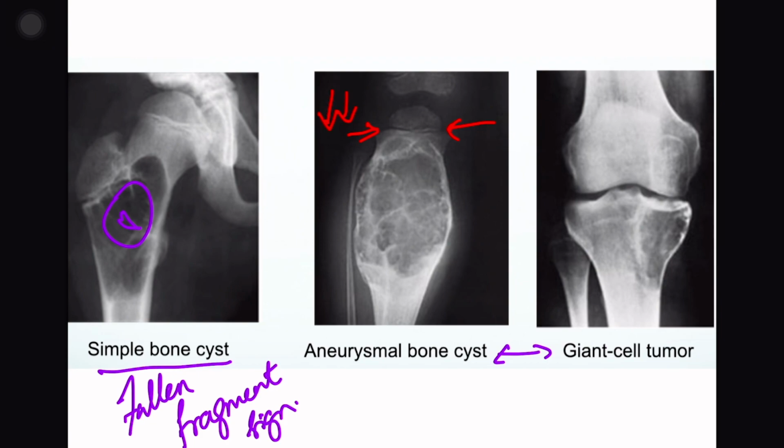But in giant cell tumor, the physis will be closed already, and since it happens below the physis, this is the metaphyseal region. Aneurysmal bone cyst happens only in the metaphyseal region, whereas GCT happens in the epiphyseo-metaphyseal junction. Other than this, when you look at the image, it will appear similar, but there are these subtle changes which are worth noting.